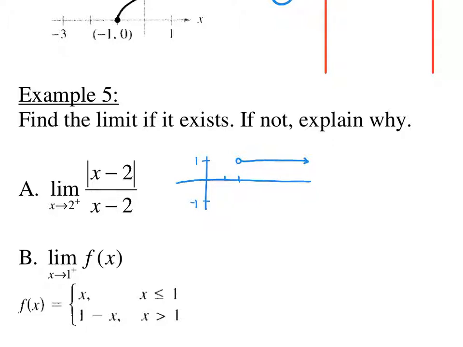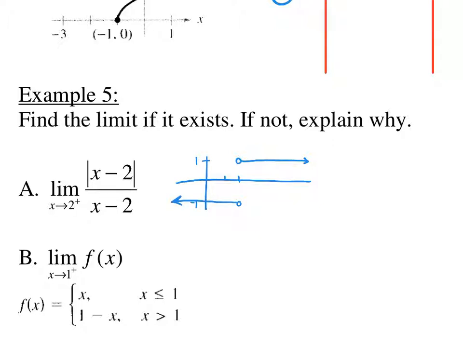When x is smaller than 2, we're going to have the absolute value of a negative, which is positive, divided by a negative, which will be negative. So that's going to end up being -1. Notice I have an open point on both of these because x is not allowed to equal 2. Okay?